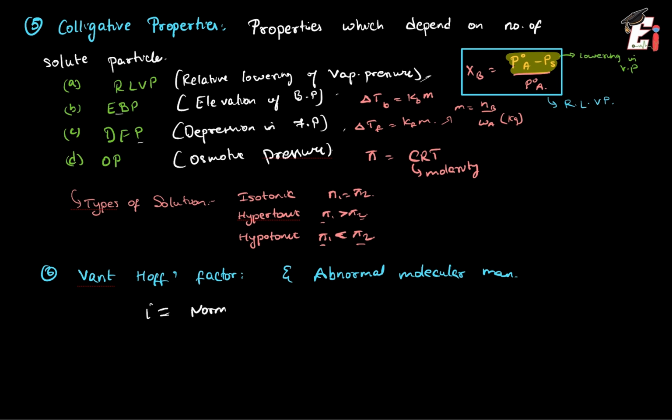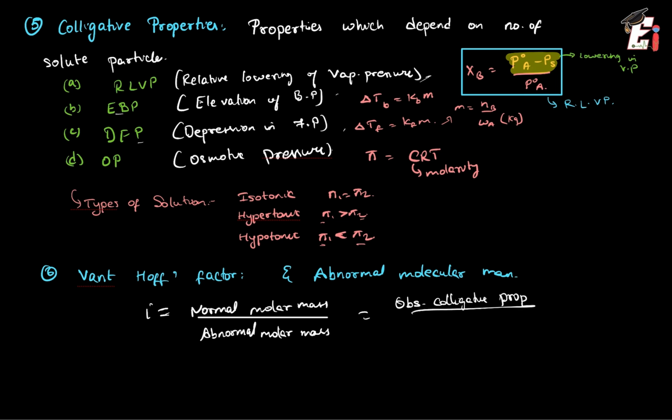It is normal molar mass divided by the abnormal molar mass. It is also the observed colligative property divided by the calculated colligative property.